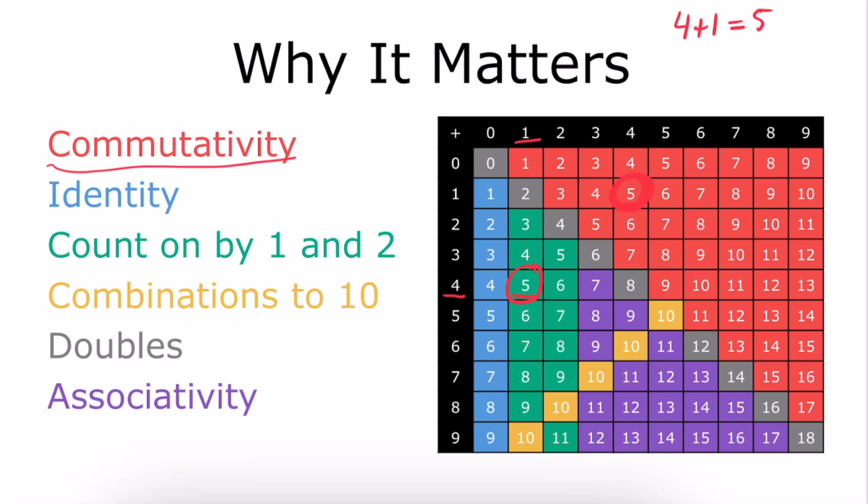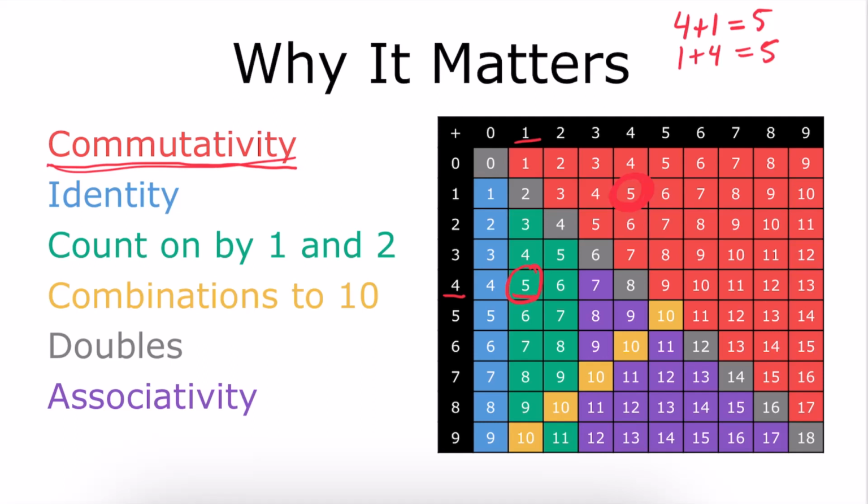Sorry, you can't see that very well because it's red on red. But that one is showing that 1 plus 4 equals 5. And those two addition facts are almost exactly the same. The only difference is that the 4 and the 1 have switched spots. And the commutative property says that if you switch the order of addition, you still get the same result. And so that basically means that you only need to memorize one of them.